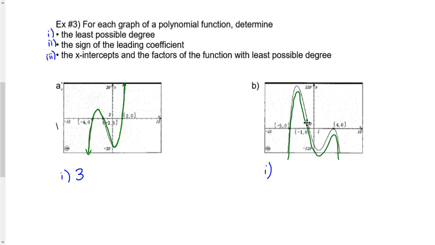But as I keep on moving up, I could read it as 1, 2, 3, 4 x-intercepts, which means that that is actually its least possible degree. Again, higher than degree 3 is not Foundations 30 curriculum; it's to help understand characteristics.